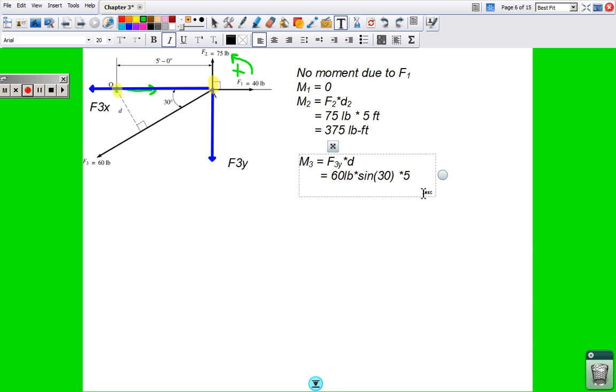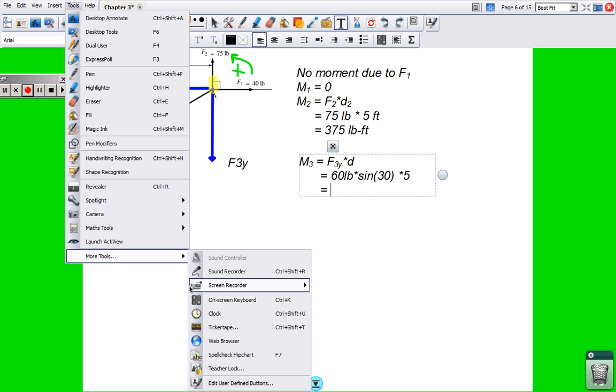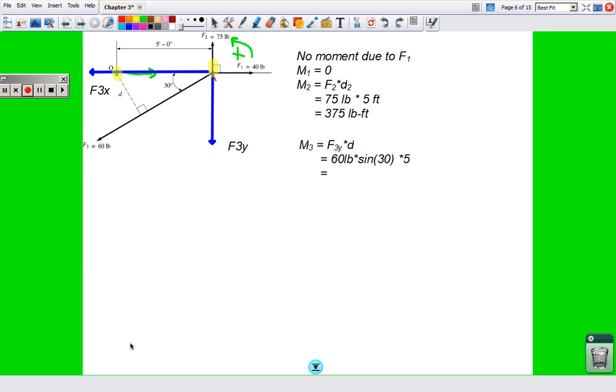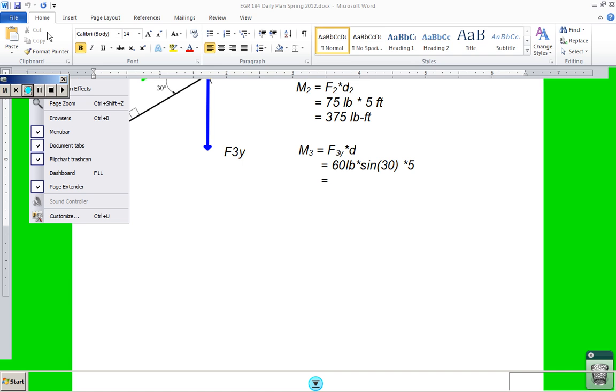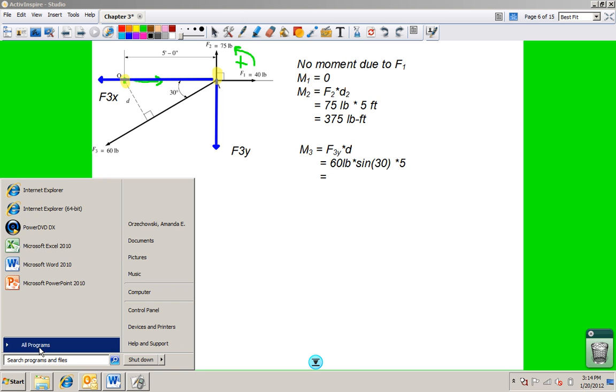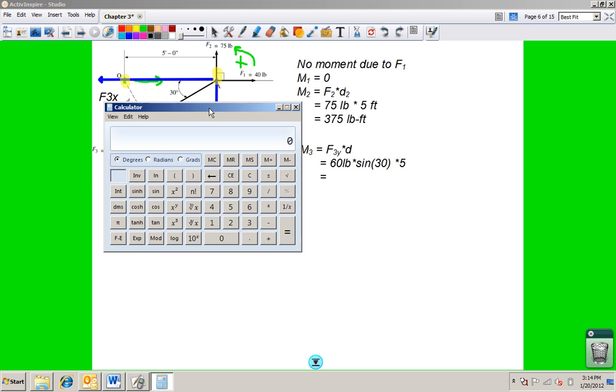Alright, so let's get out my calculator and see what we've got. Well, shoot, I don't have a calculator. Hold on, I'm going to have to pull up one that has scientific function on it. Alright, my handy dandy calculator. I prefer to use my regular calculator at the office.